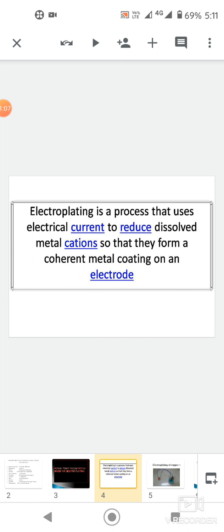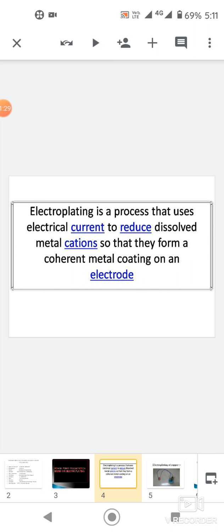Electroplating is the most popular means of applying metallic coatings. In all electroplating processes, a protective coating is applied by electrolysis action.